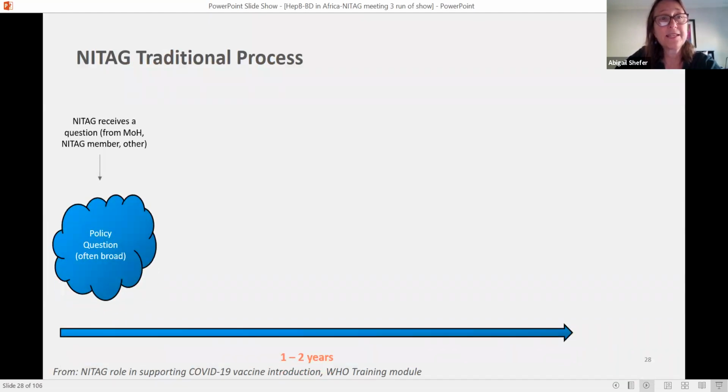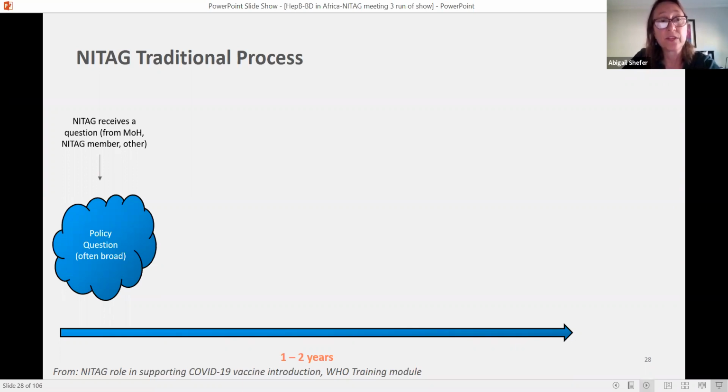Great. So here we see the traditional process a NITAG goes through. And just for a review, when it makes a recommendation to introduce a new vaccine or really anything related to vaccination, it doesn't always have to be a new vaccine. So at the beginning, there's a broad policy question received from the Ministry of Health.